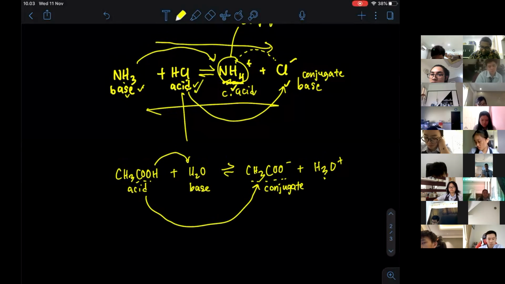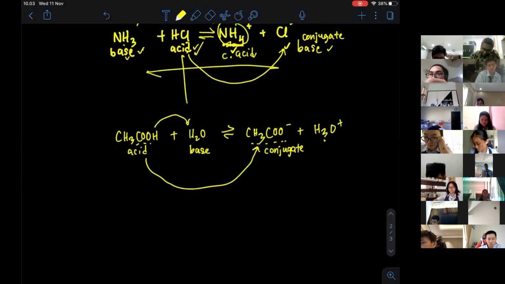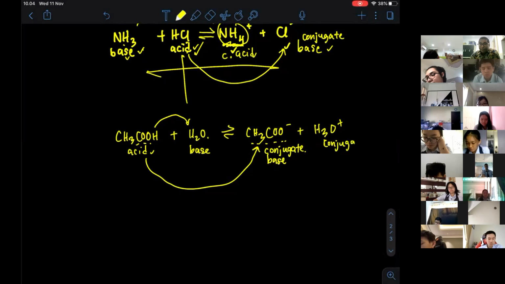If this is acid, this one will become base. So Jordan, this is acid, so now this will become conjugate base. Acid, conjugate base. And if this is base, this is going to become conjugate acid. This is what I want you to learn today.